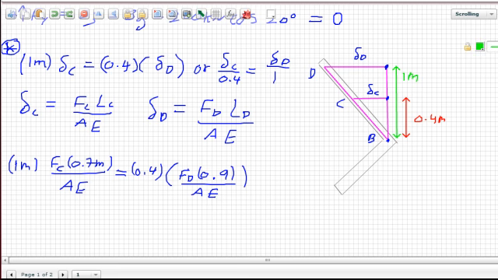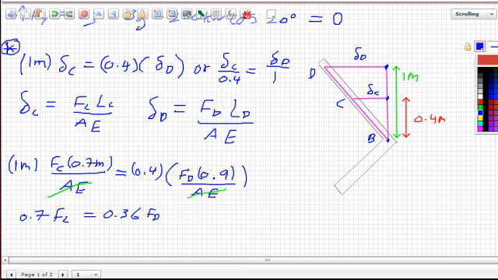Now, because both cables have the same elastic modulus and they both have the same cross section, those two are gonna conveniently cancel out. And we are gonna end up with 0.7 FC equals 0.36 FD.